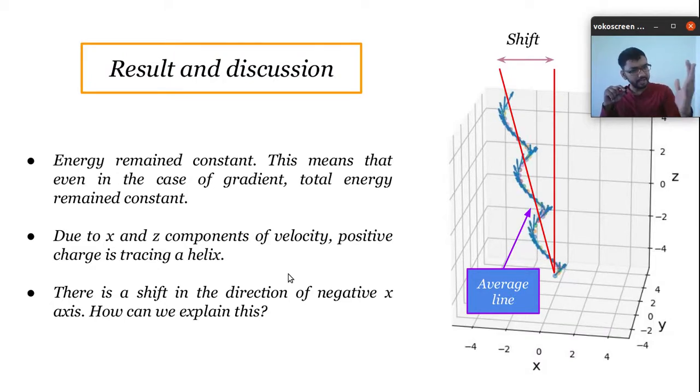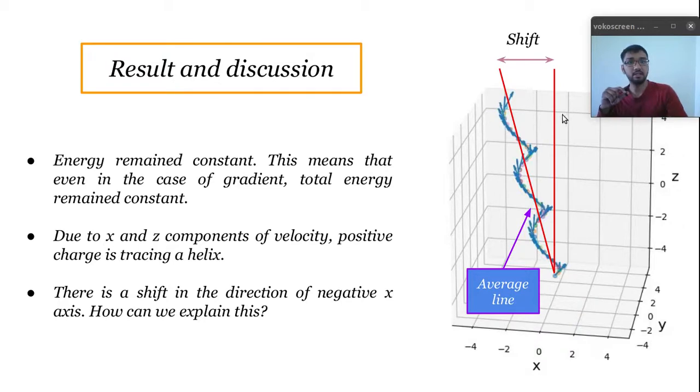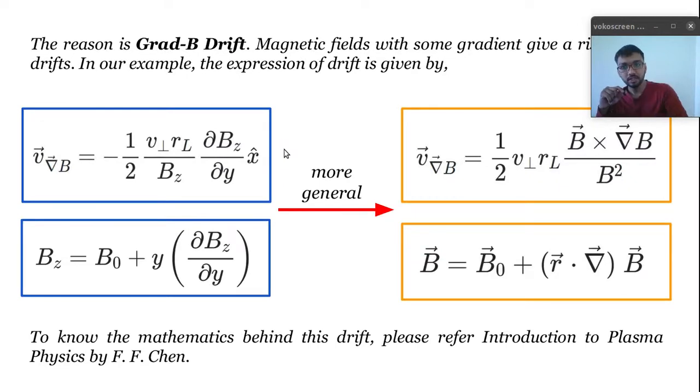Now, can we explain this phenomenon with our knowledge of the Lorentz force equation? The answer is yes, we can definitely explain it, and here is the explanation. The reason for this shift is called Grad-B drift.